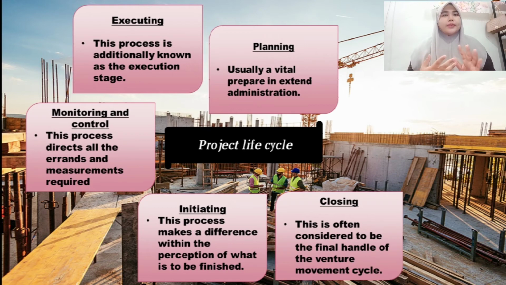The closing prepare includes giving over the deliverables to sponsor or client, giving over documentation to the proprietors, cancelling provider contracts, discharging staff and gear, and educating partners of the closure of the estate.